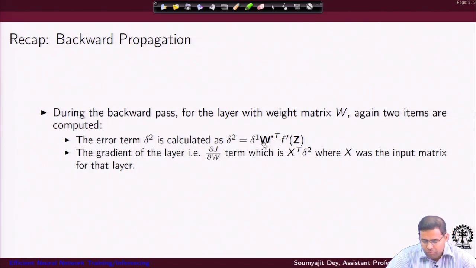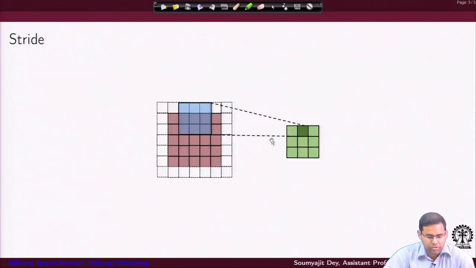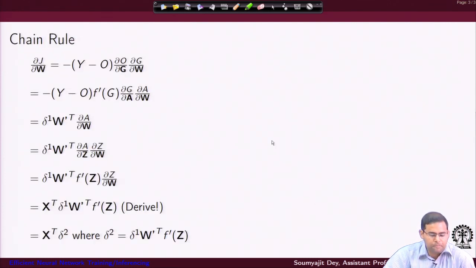One small problem we have, I believe this should be delta w, it is not going to be w prime. So, just a minute, yeah. So, when we are doing this, this is w prime.